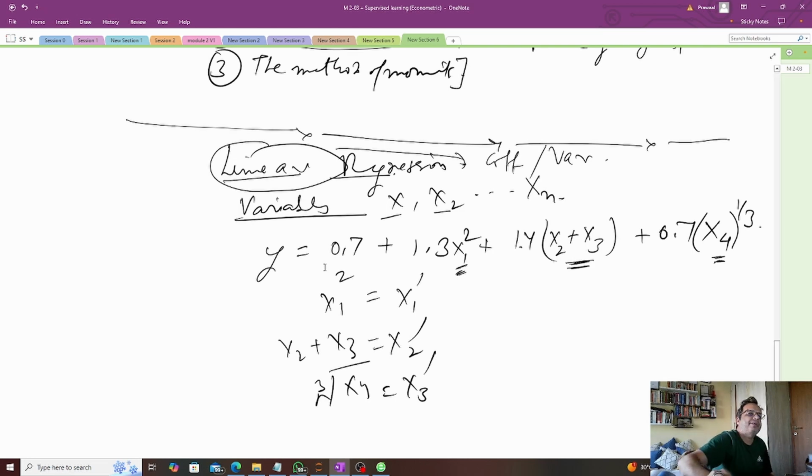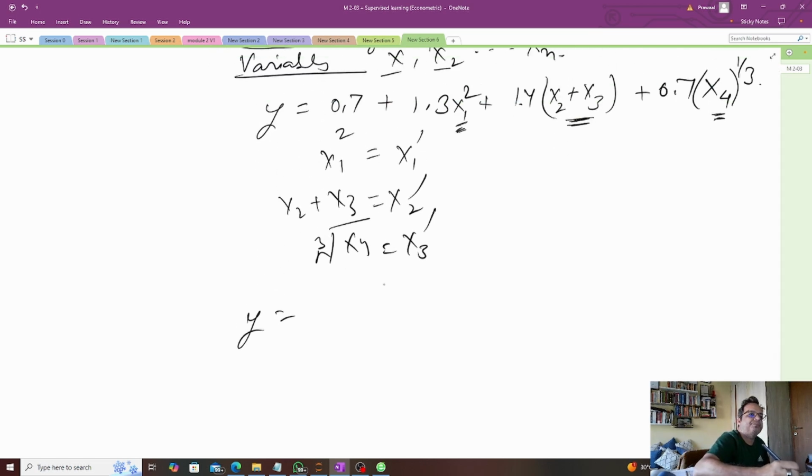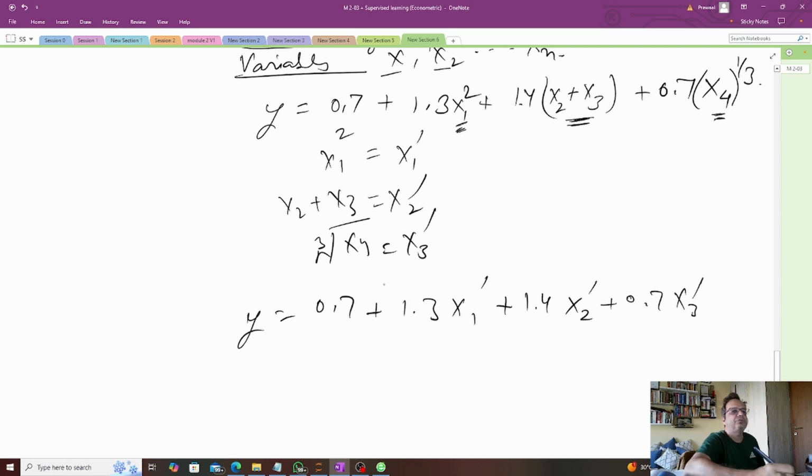So if I make these assumptions, then my y will be nothing but 0.7 plus 1.3 x1 dash plus 1.4 x2 dash plus 0.7 x3 dash. Okay, so now this looks more familiar to you.